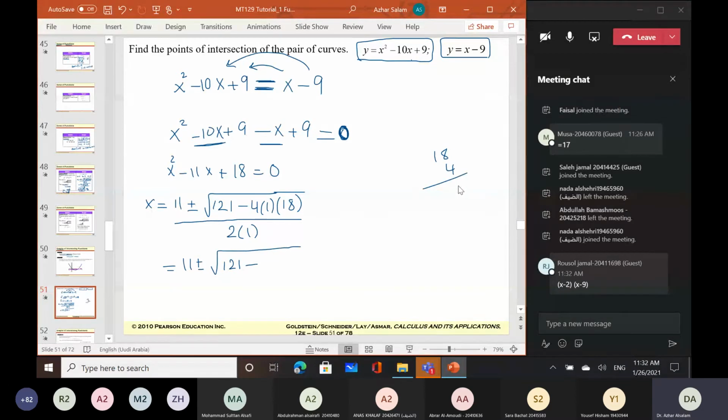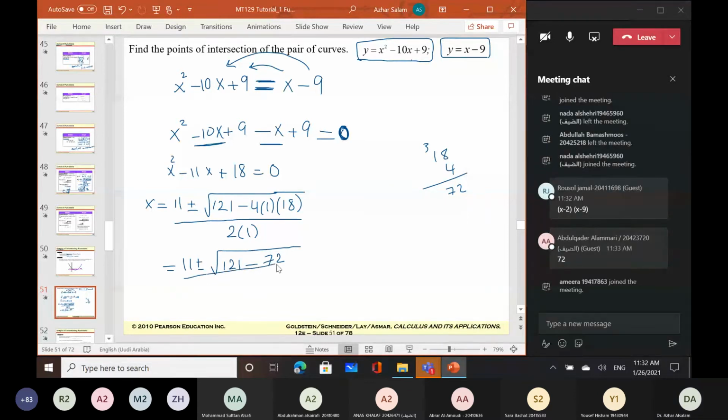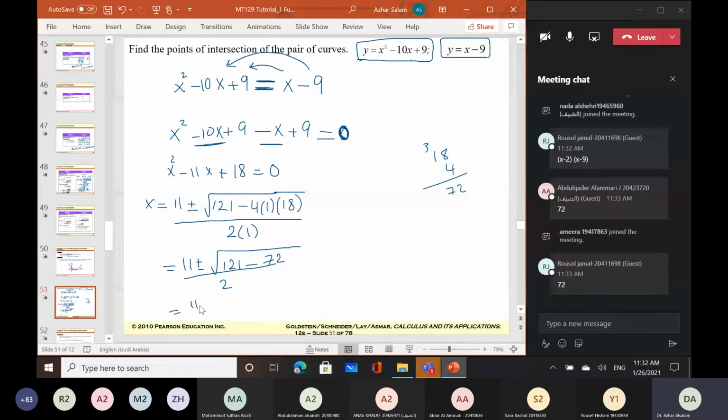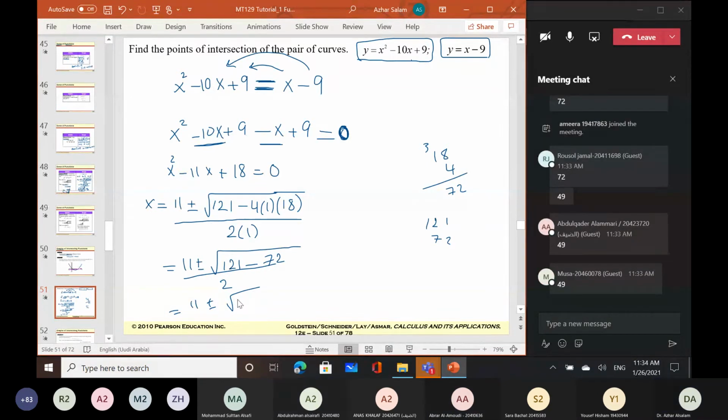4 multiplied by 18. If you have a calculator, just help me here. 8 multiplied by 4, it's 32. Yes, 72. Okay, divided by 2, which is 11 plus or minus the square root of 121 minus 72, which is 49.